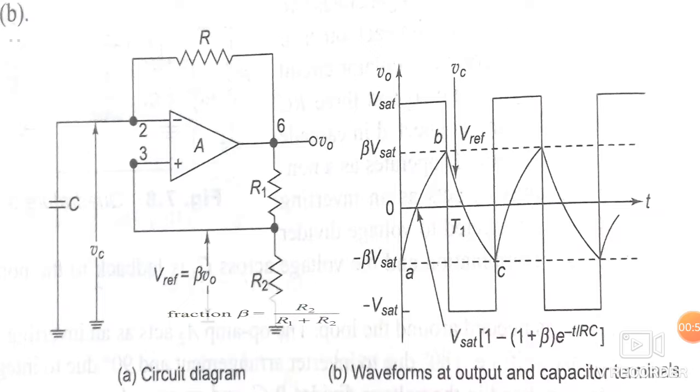The resistors R1 and R2 are connected as a potential divider biasing circuit. The voltage drop across the R2 resistor is fed back to the positive terminal of the operational amplifier.